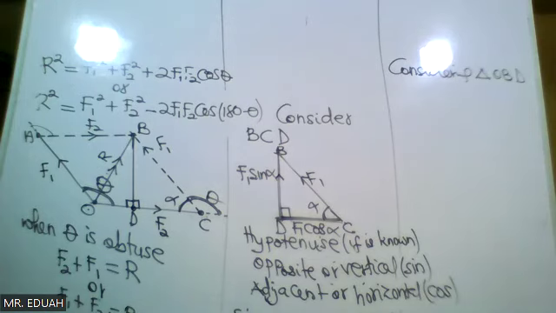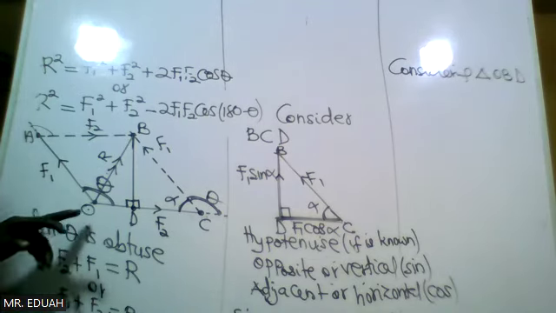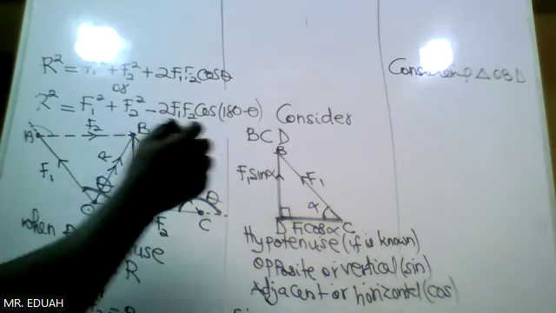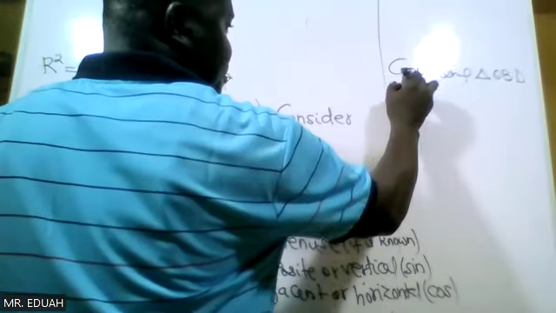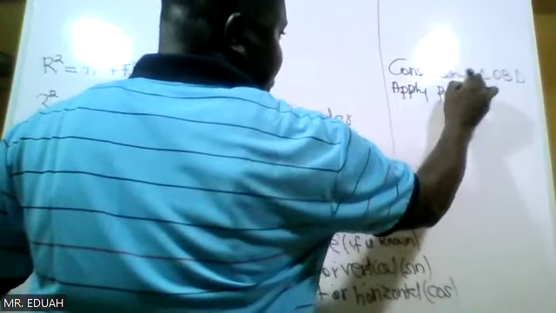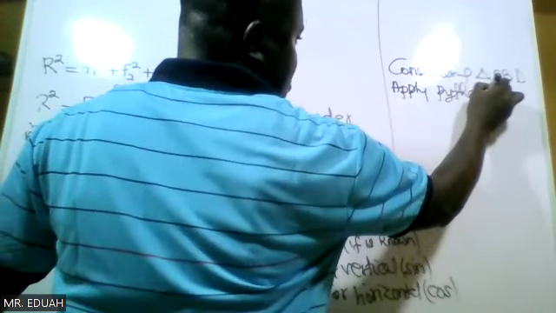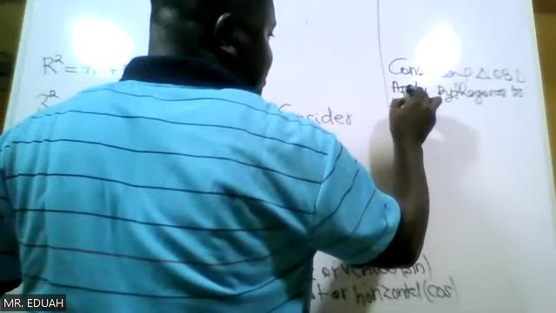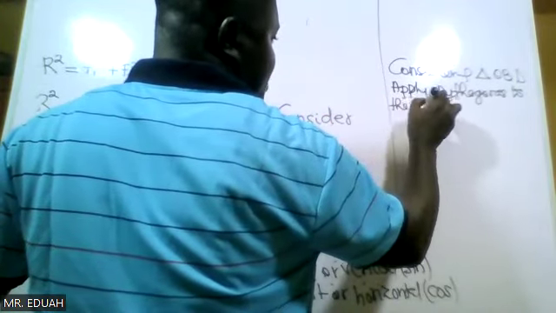For triangle OBD, I want to apply Pythagoras theorem to the right angle triangle.